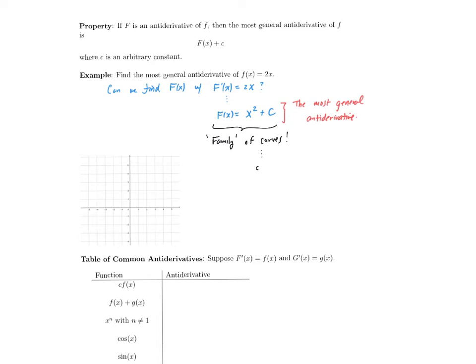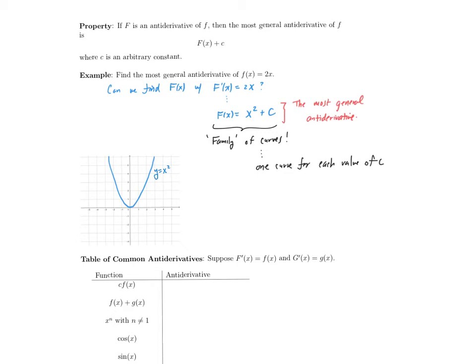So one curve for each value of c. And just to illustrate this graphically, when c was equal to 0, we had just the graph of x squared, which is an antiderivative of this function 2x.